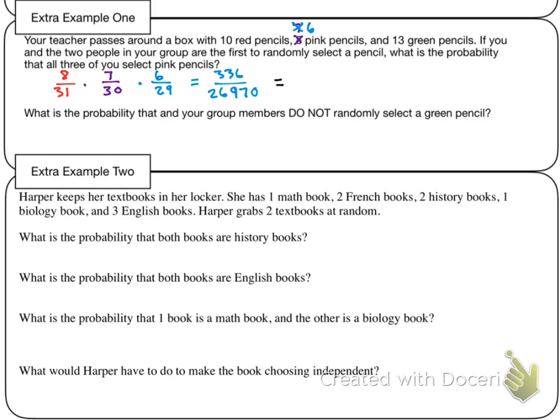And if we're looking at that probability, 336 divided by 26,970 gives us 0.0125. Okay, and if you're looking at percentage, that's only a 1.25% chance that we get pink, pink, pink.